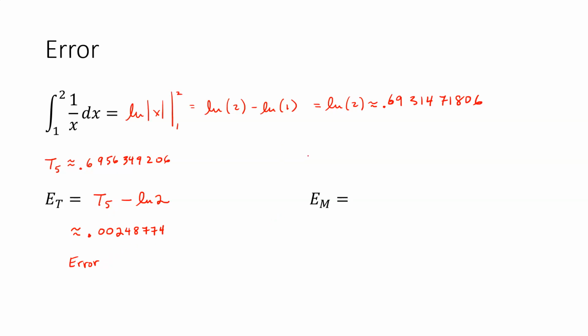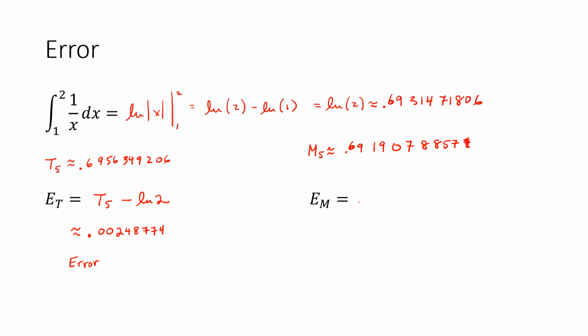How about our midpoint approximation when we did M5? I got a value of around 0.6919078857.